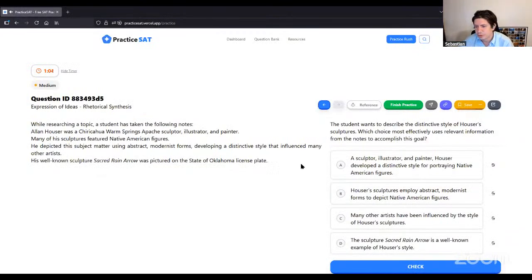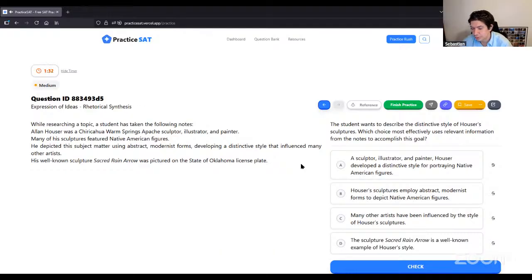So the student wants to describe the distinctive style of Hauser's sculptures. Which choice most effectively uses relevant information? I'm not going to look at the notes first, just the answer choices themselves. Many other artists have been influenced by the style of Hauser's sculptures.